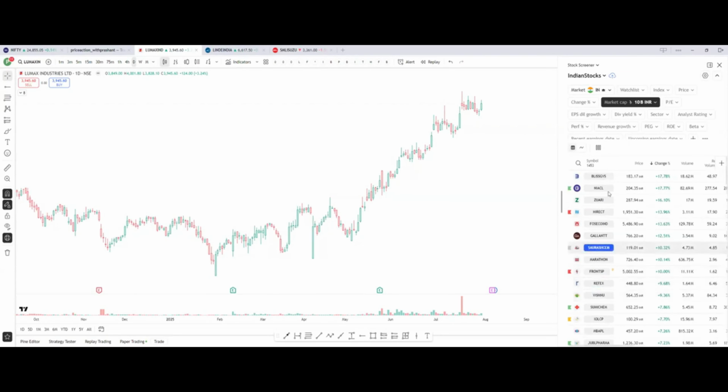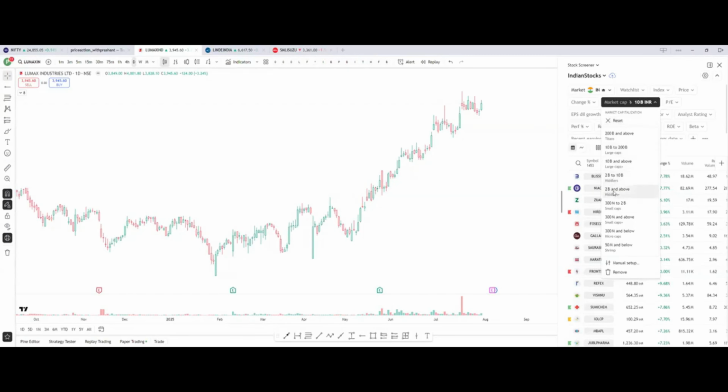This screener opens like this. You can change the parameters, whatever criteria you want. I just keep the market as Indian market and market capitalization more than 10 billion. So 10 billion and above, that is the criteria.